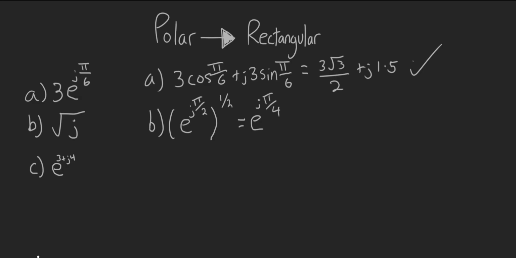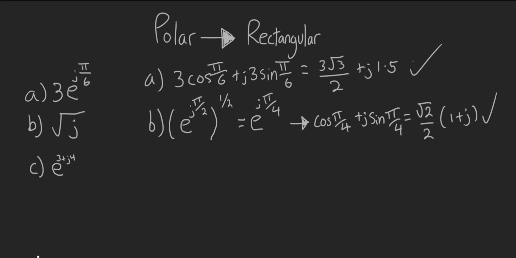And this converted into rectangular form is equal to cosine pi over 4 for the real part, and imaginary part sine pi over 4, which is equal to square root 2 over 2 times (1 plus j). That's a solution for part B.